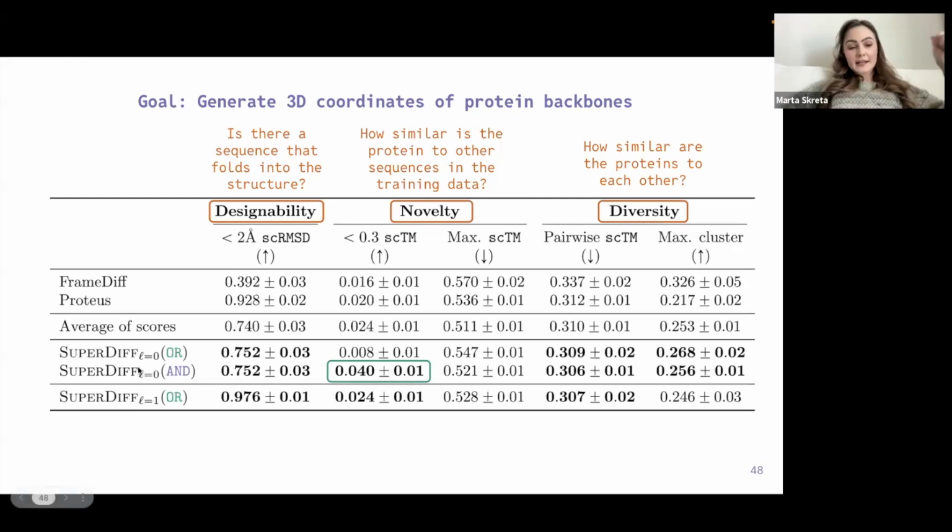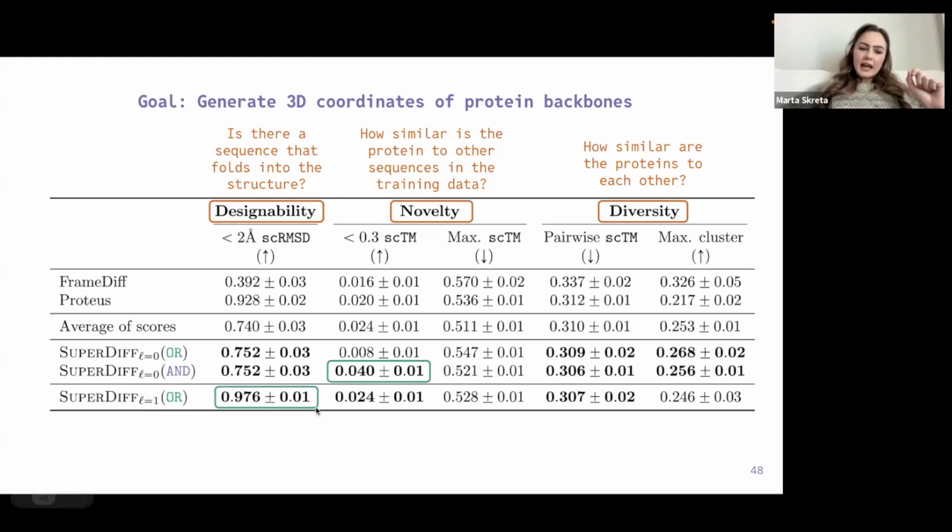So we bias the generations towards Proteus by setting a bias term. So here we're weighting the vector fields proportionally to the models, offset by this bias term, where positive favors Proteus and negative would favor FrameDiff. So here we are saying, okay, we want to sample in general more from Proteus, unless FrameDiff is super sure, in which case we want to sample from there.